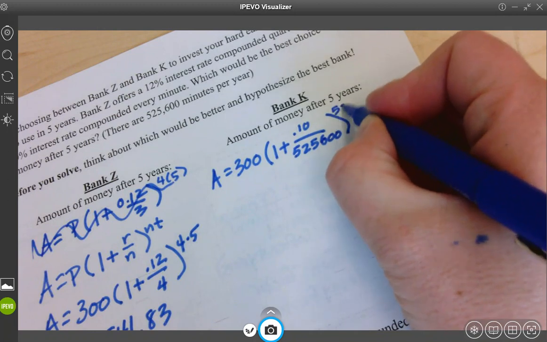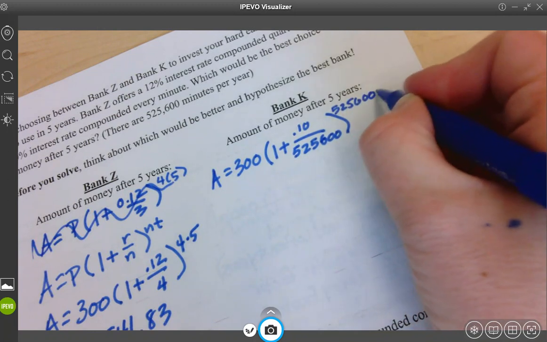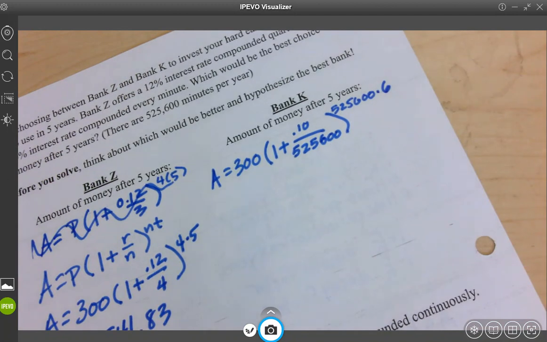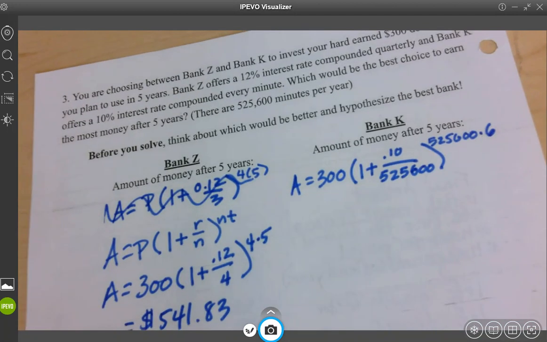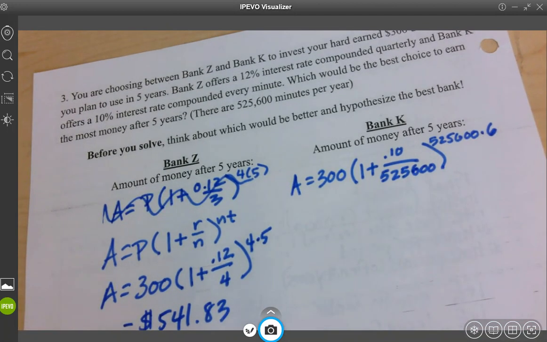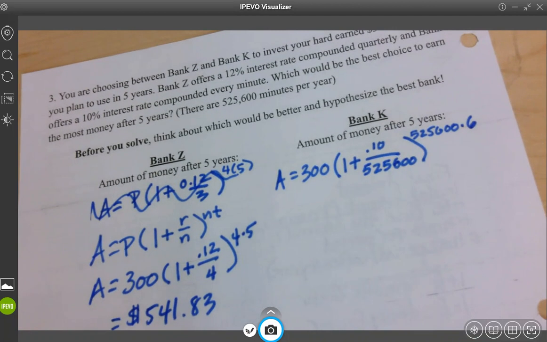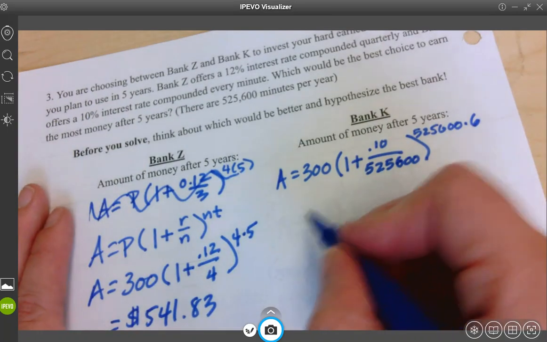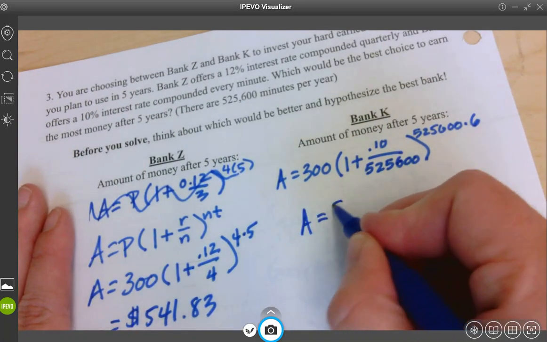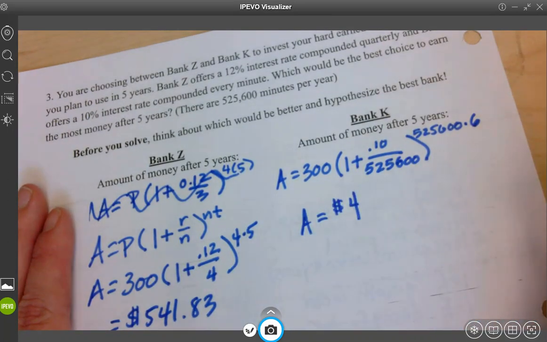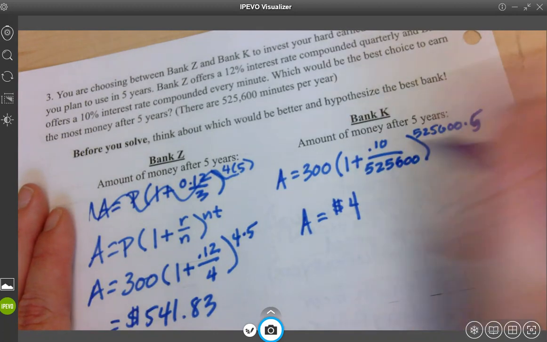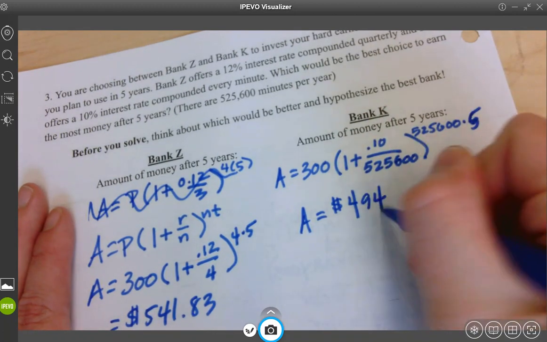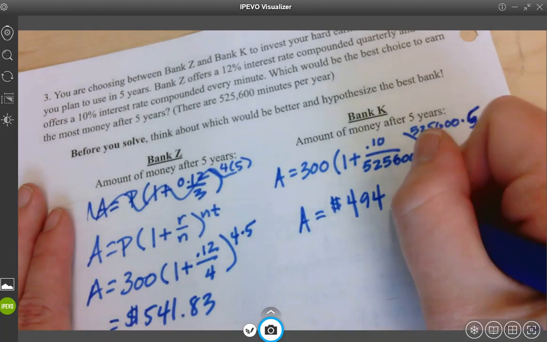So, if you are having trouble dealing with the size of those numbers, I just recommend that you put the entire formula in there at once. You should get about $494. $494.62.